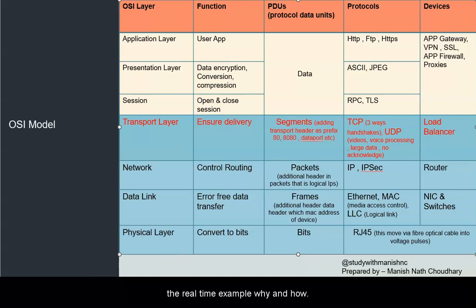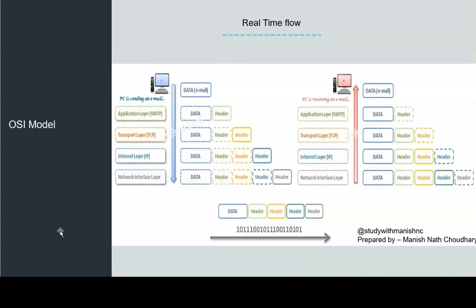Now we can understand in a real-time scenario why and how these layers are working. When a user sends a mail to another user, you will see that every layer has different headers. When it moves from one layer to another, more headers are included. When data is transferred from one location to another, it is converted into the 0 and 1 format.